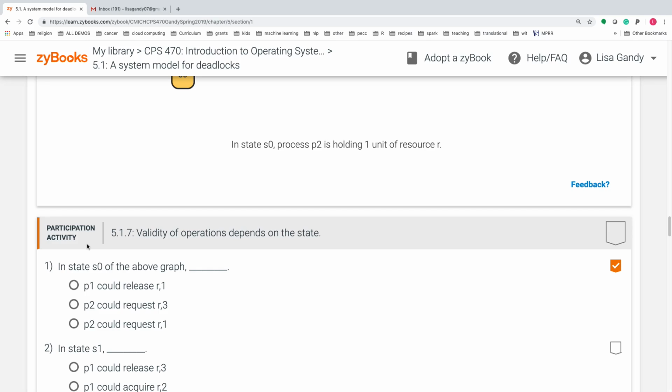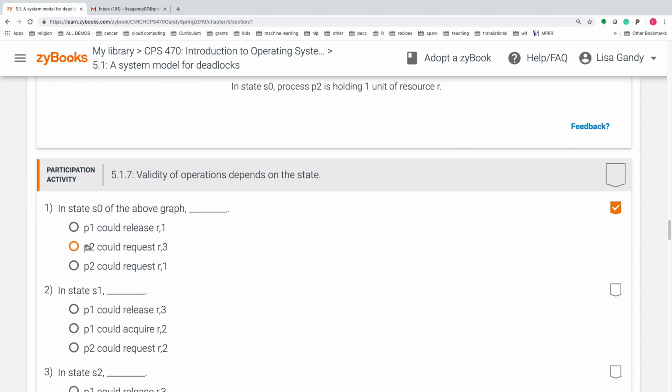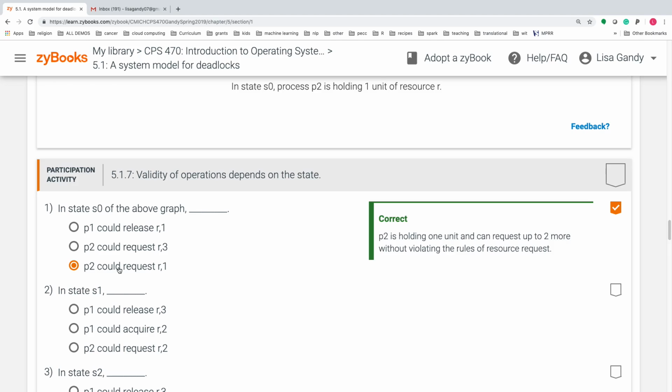It should say what would work, what would not be blocked, right? Because P2 is going to be blocked if it requests 3. So this is a little weird. It says P2 is already holding 1 unit. That would violate the rule of the sum of requesting. Yeah, what you mean is the rule is, if you don't want to be blocked, this is what you do.